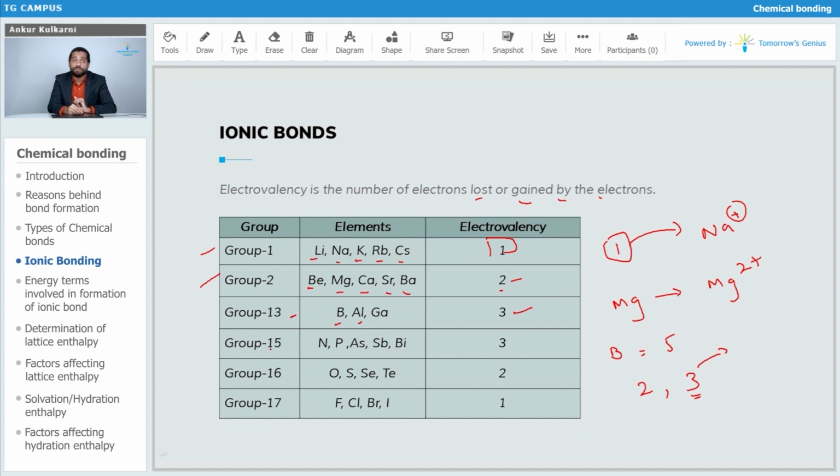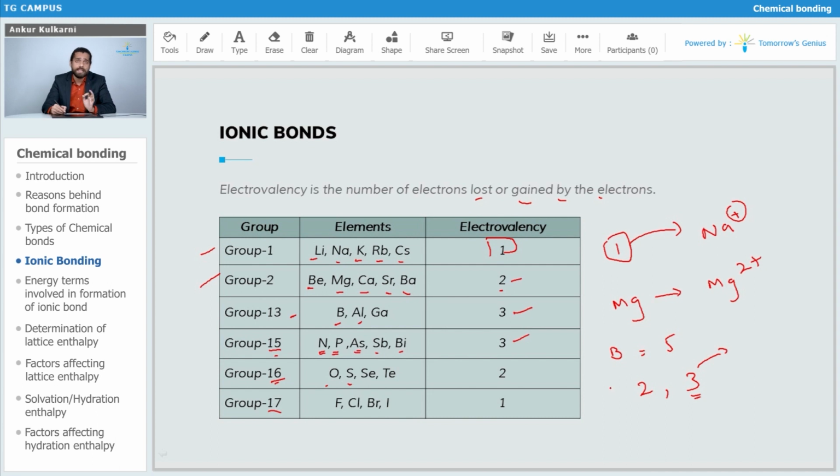Similarly, if you look at group 15, group 16, group 17, in group 15 you have nitrogen, phosphorus, arsenic, antimony and bismuth. Group 15 can also donate 3 electrons in order to achieve stable electronic configuration. Hence, the electrovalency of group 15 is also 3. Now let's talk about group 16, which consists of oxygen, sulfur, selenium and tellurium.